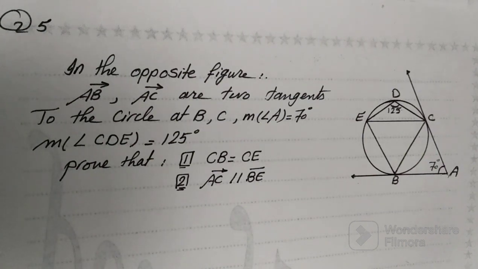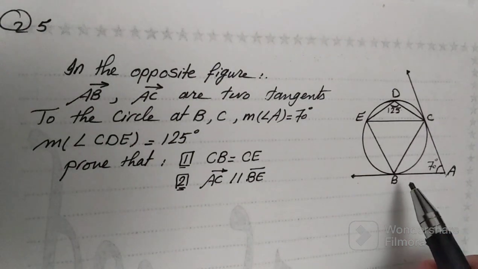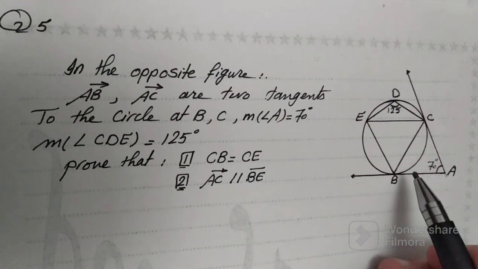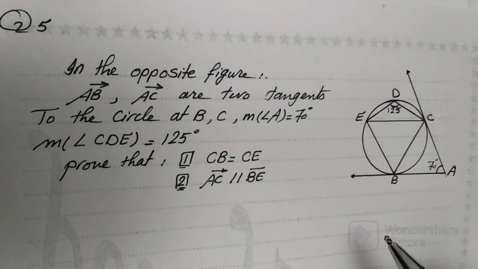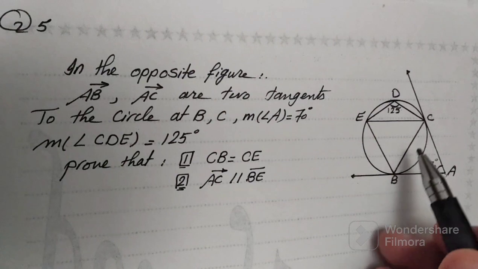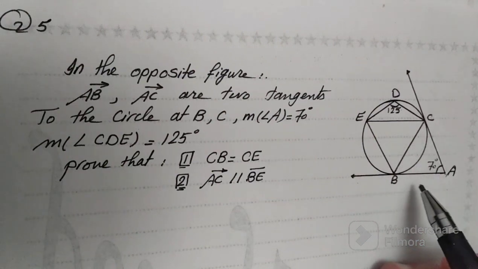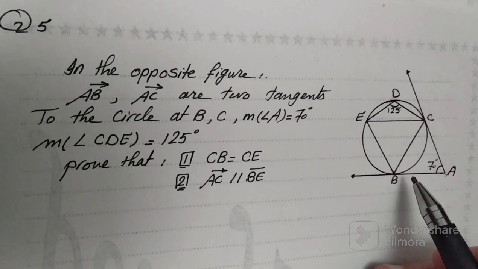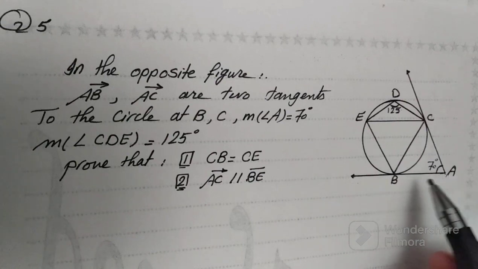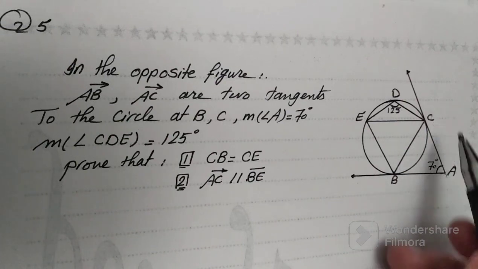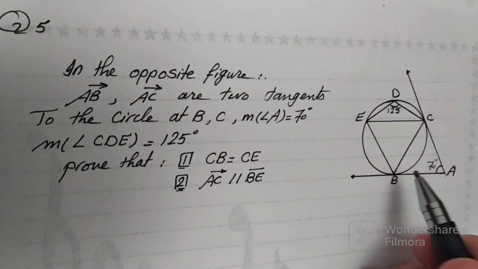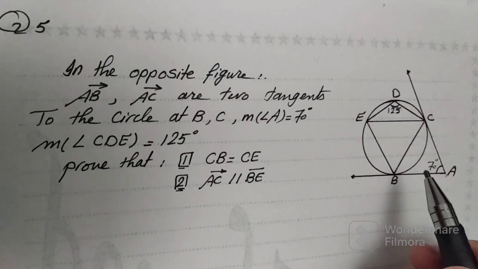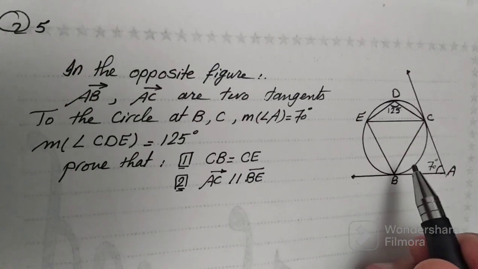Then triangle ABC is an isosceles triangle. Therefore, the measure of angle B equals the measure of angle C. Since the sum of the interior angles of a triangle equals 180, the measure of angle CBA equals the measure of angle ACB equals (180 minus 70) divided by 2. 180 minus 70 equals 110, divided by 2 equals 55 degrees.